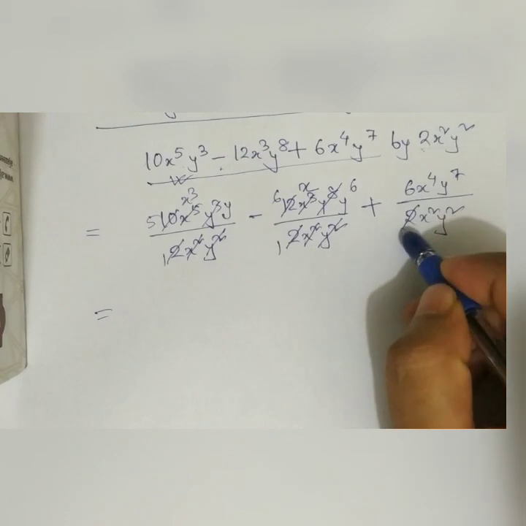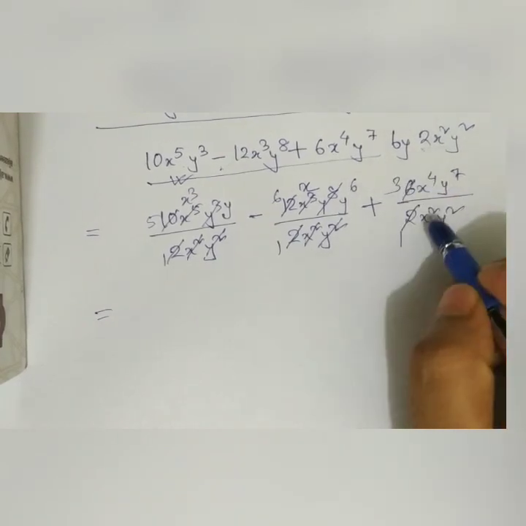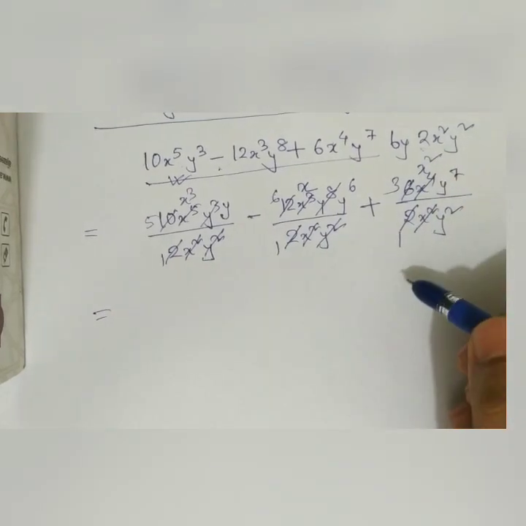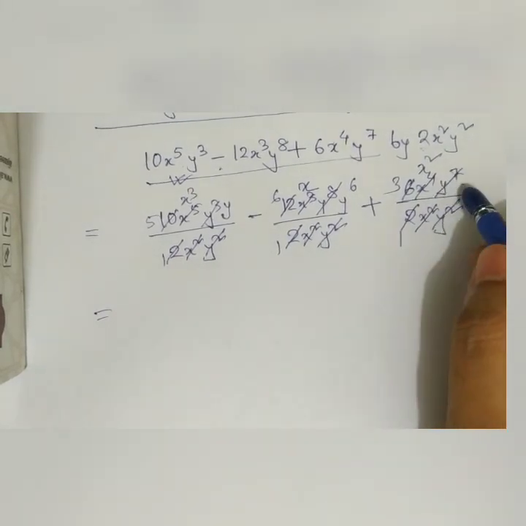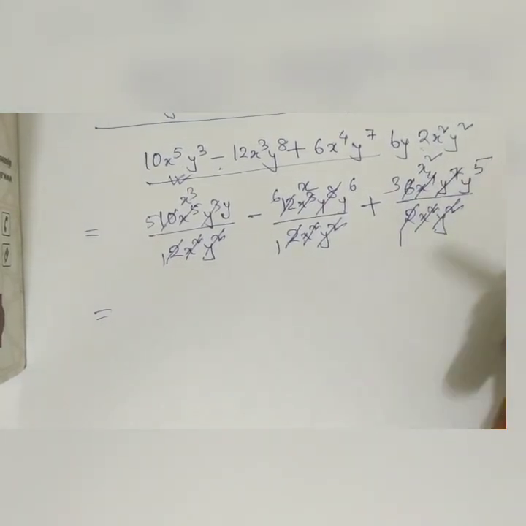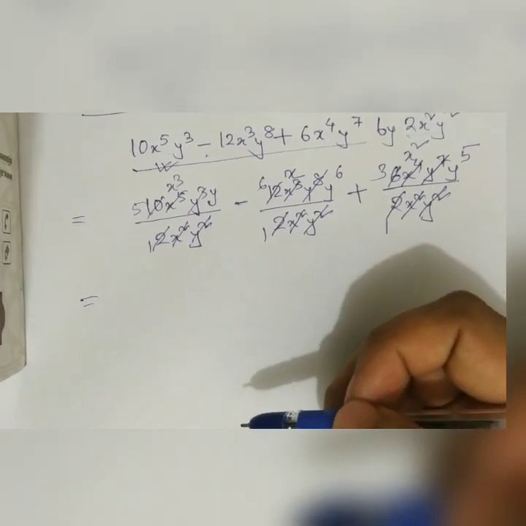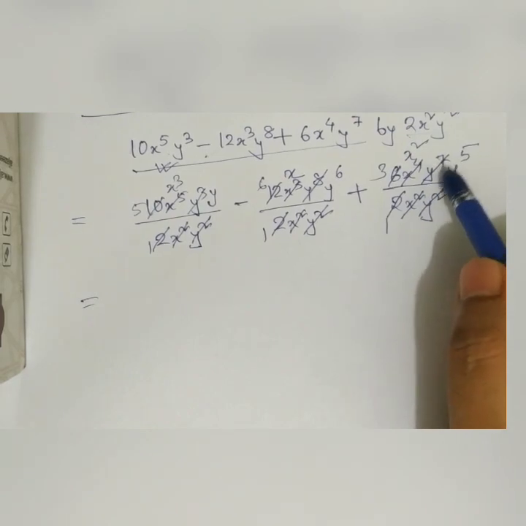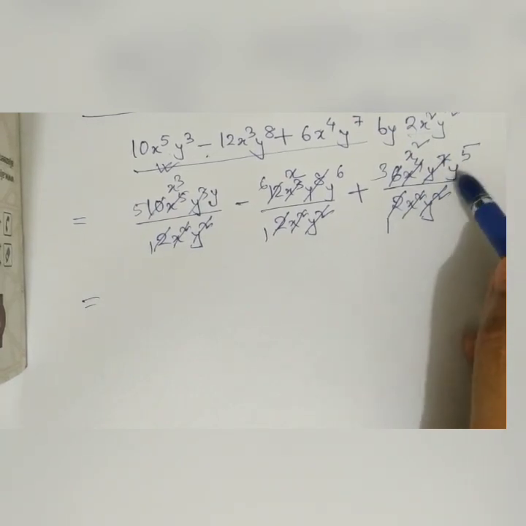Similarly 2 threes are 6. x square, x to the power 4, we write x square over here. y square, y to the power 7, we write y to the power 5 over here. Okay, so remember the portion where the power is greater, we always write our answer over there.